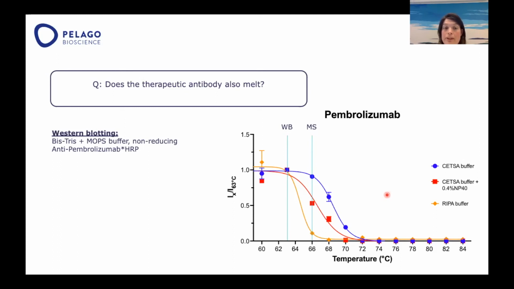And with the Explore format, the mass spec format, we go up to 66 degrees, but then we don't see any melting in the CETSA buffer that is being used in those experiments. So the answer is yes, therapeutic antibodies do melt, but in this case, it's outside the standard temperature range used in CETSA.